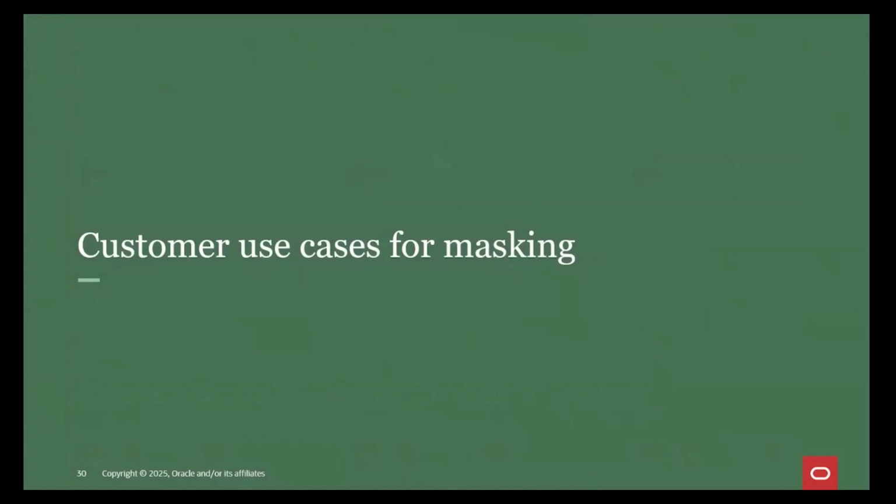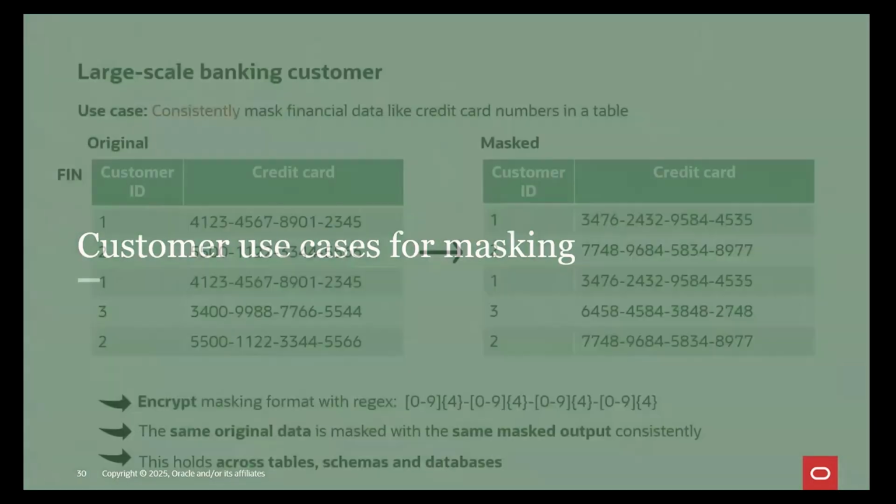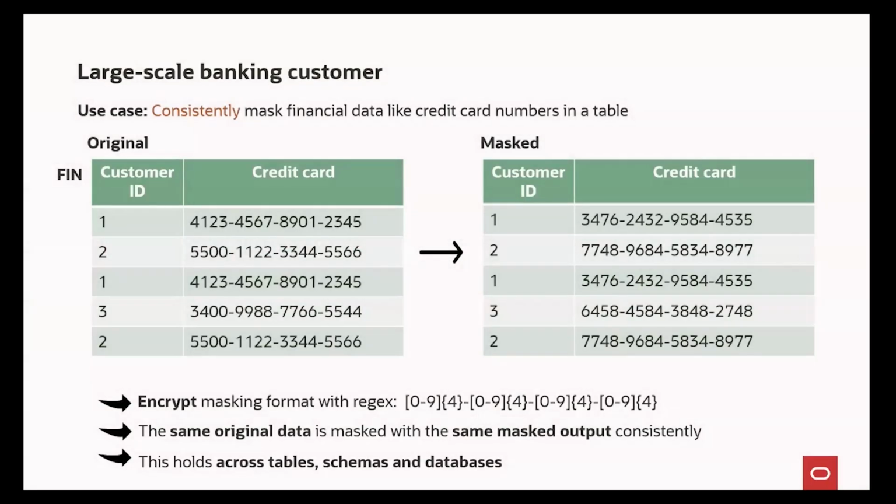Now, for our next section, we have the real-world customer use cases specifically for masking. Our first use case is for one of our banking customers who wanted to mask the data in a consistent way.